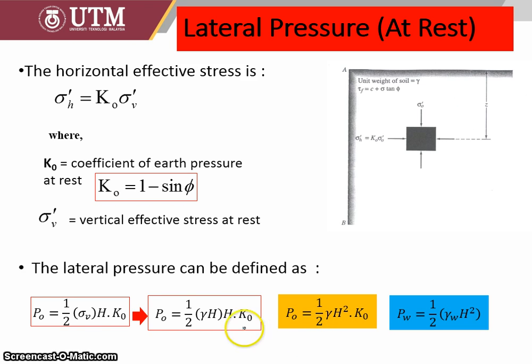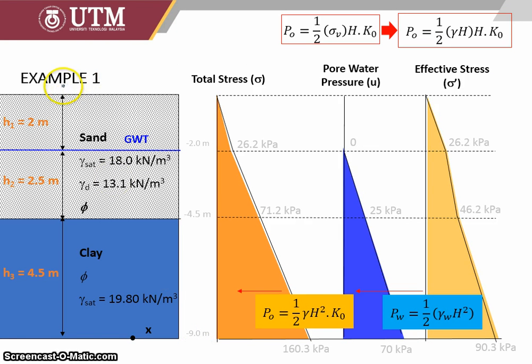How is the equation of pressure defined? If you still remember the previous video, we have an example of how to calculate the total stress, pore water pressure, effective stress, and plot the stress diagram. This is the initial section that we have before we go to Fathom and also the simple 2-to-1 method.